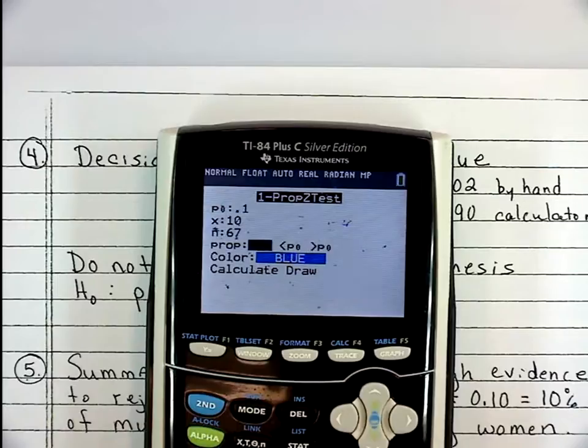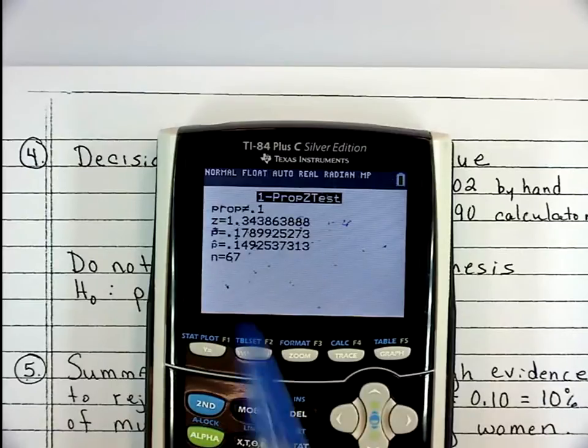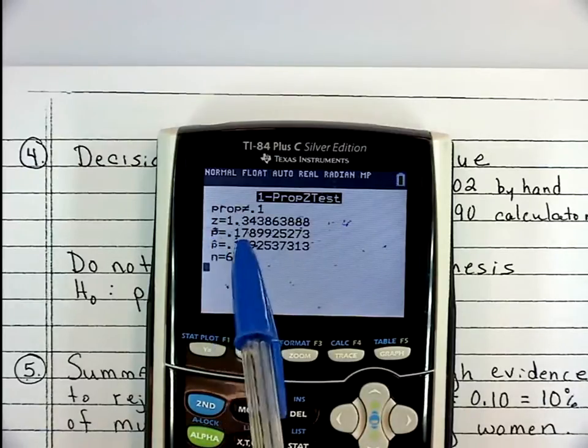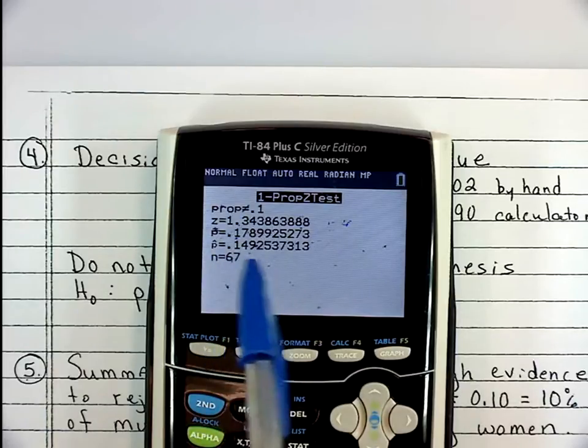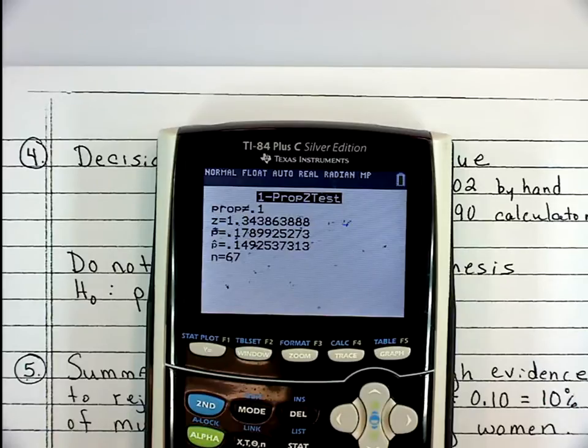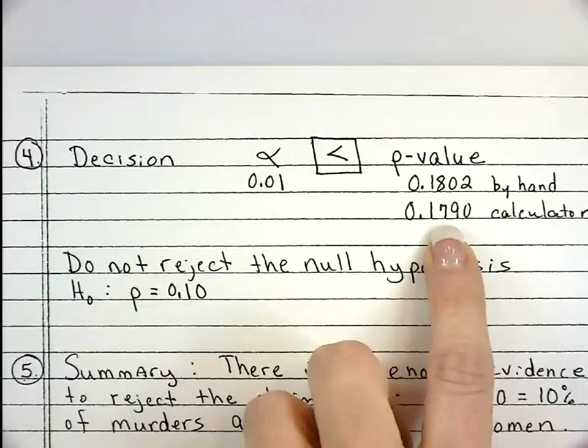And the alternative is not equal to, because it's a two-tailed proportion z-test, and then calculate. Your test statistic, z, is 1.34, and the p-value, if you round to 4 places, is 0.1790. And that's why on the sheet I have 0.1790.